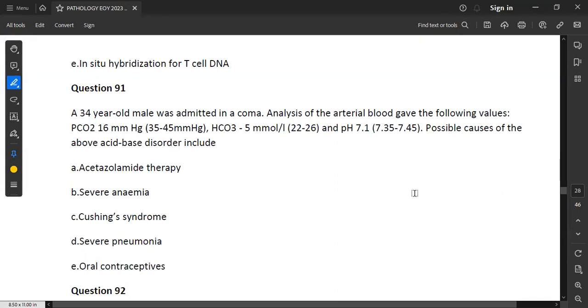L is for lactic acidosis. A is acetazolamide use. D is DKA, diabetic ketoacidosis. The second D is diarrhea. E is ethanol or methanol. And R is renal tubular acidosis. So this is for metabolic acidosis generally.